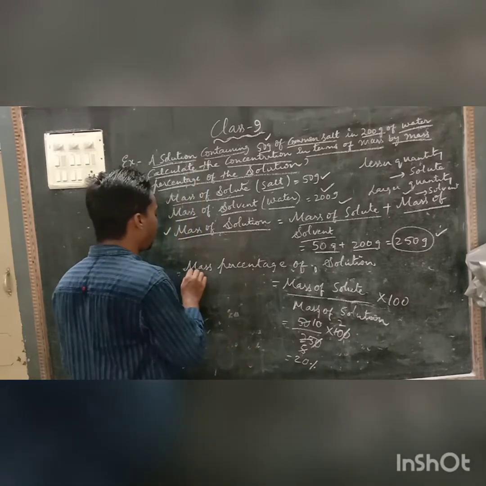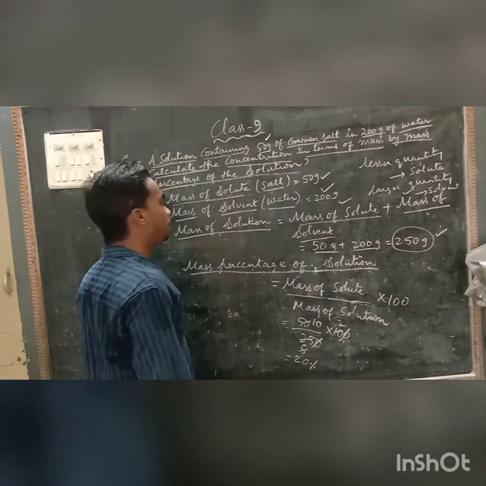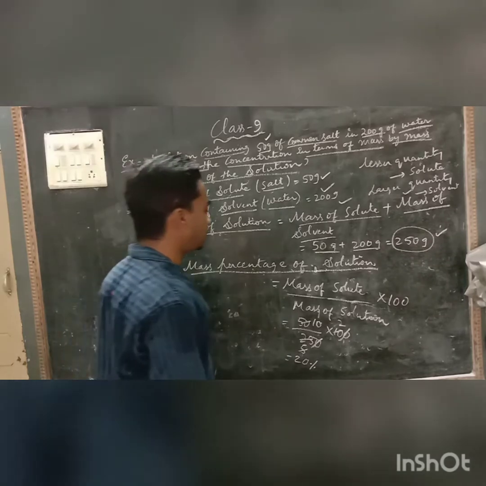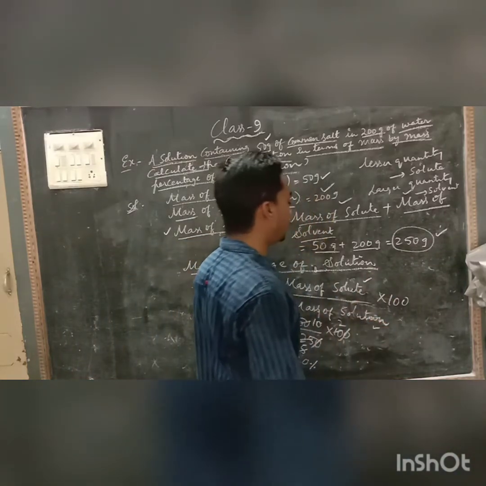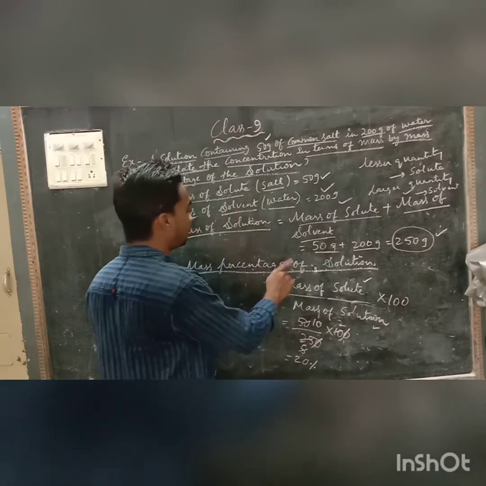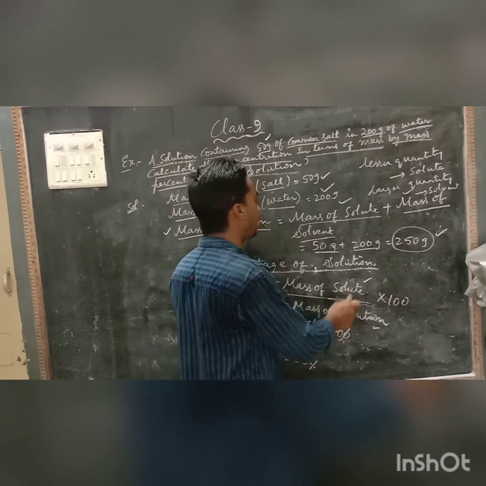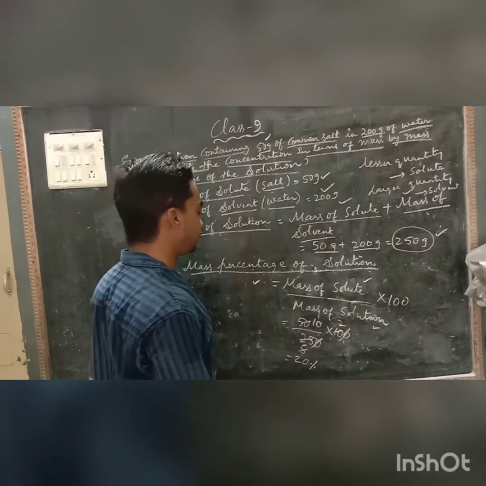Next, you need to calculate the mass percentage of a solution. Mass percentage of solution is mass of solute by mass of solution into 100. This formula is very important.